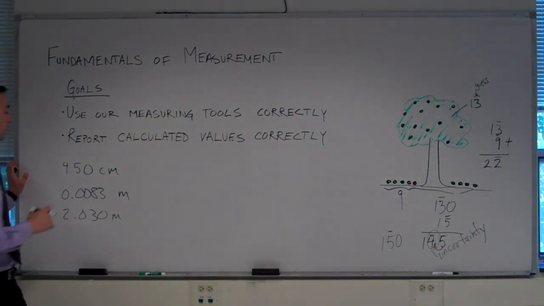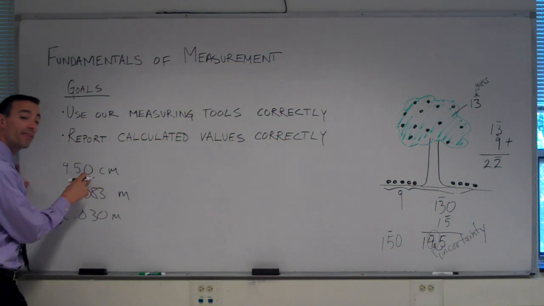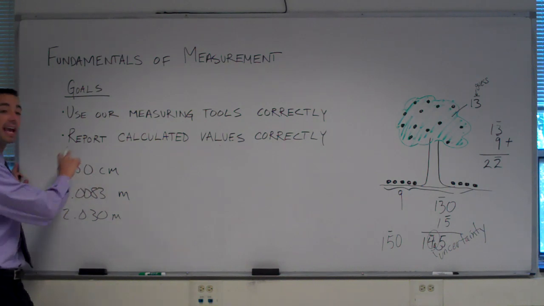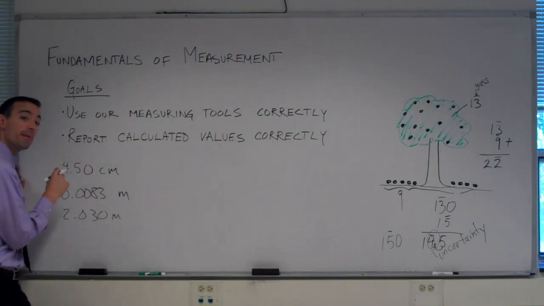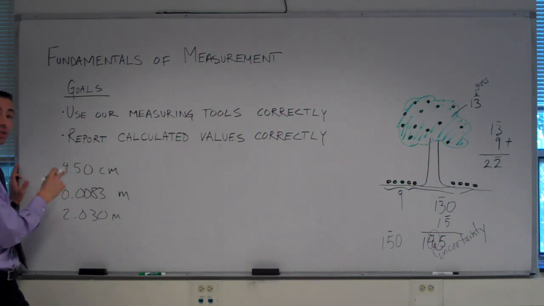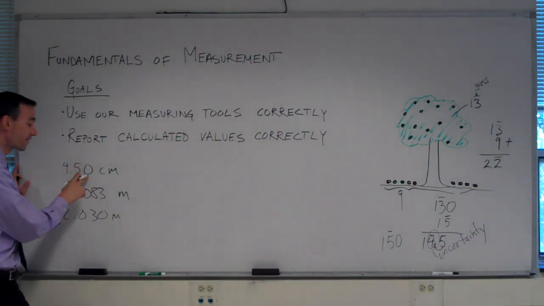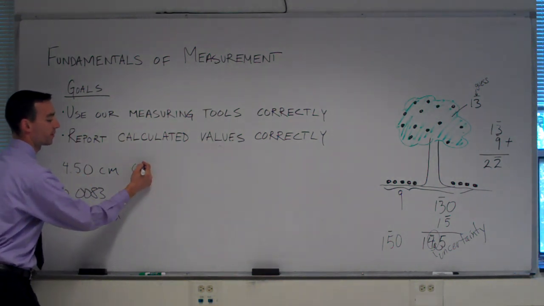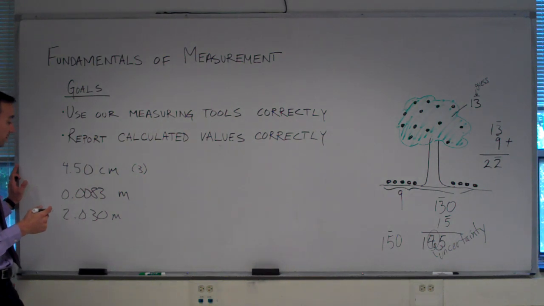So this value, when we report a 0 after the decimal place at the end of a measurement, that means someone has actually guessed it. That is their estimation or their guess. So that 0 is significant, and this would have 3 significant figures.